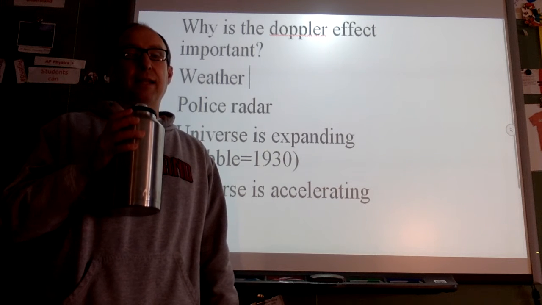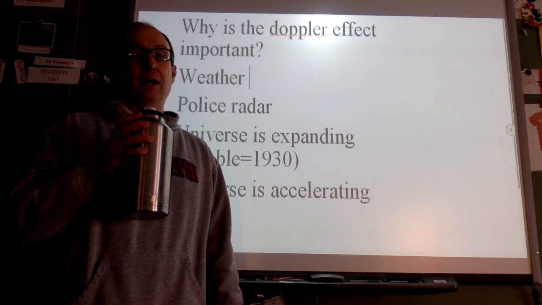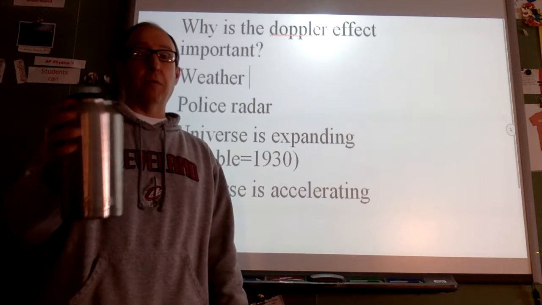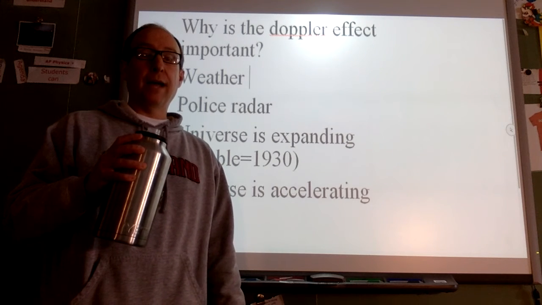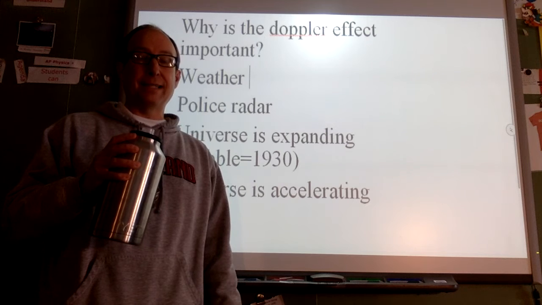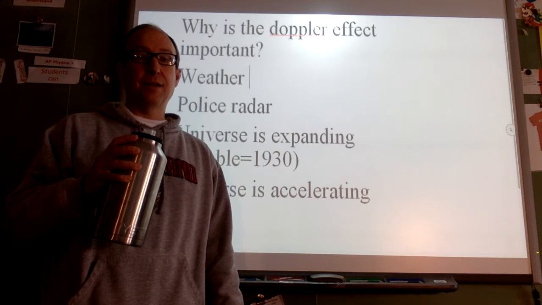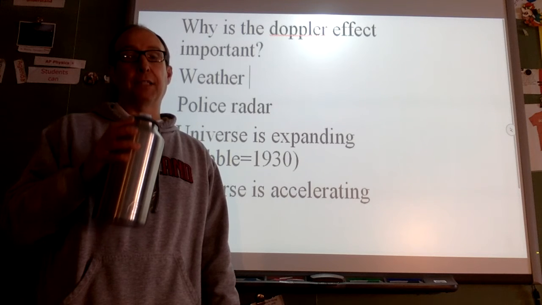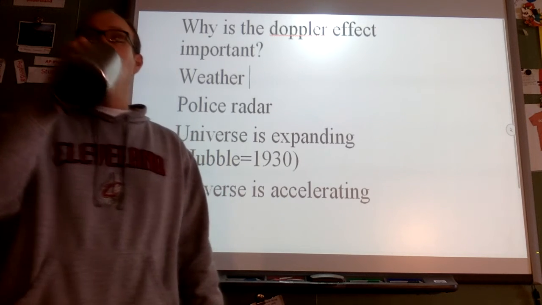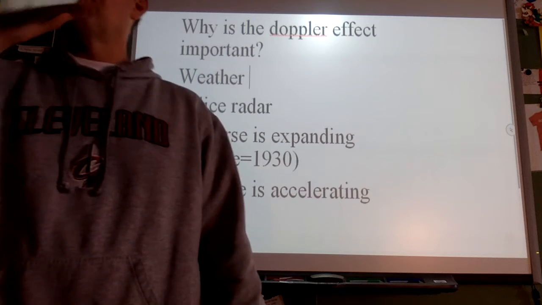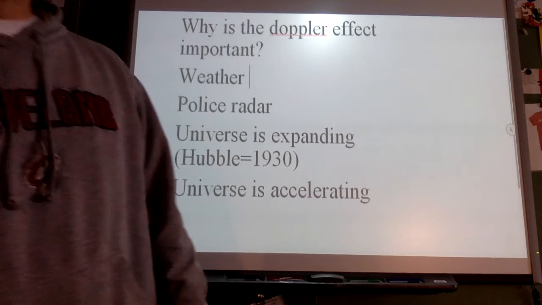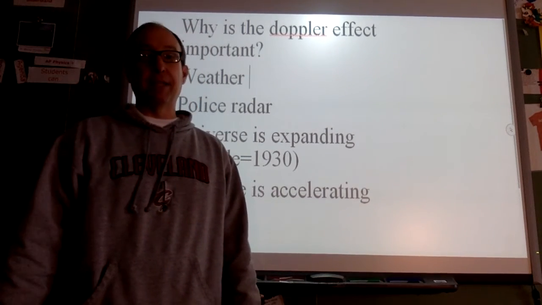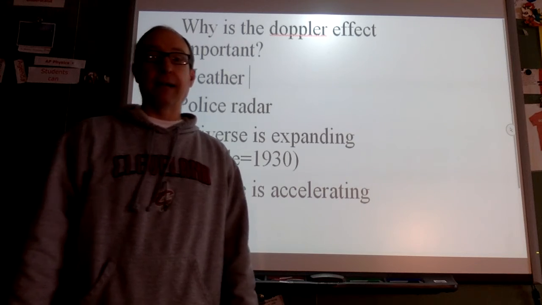And he thought that he would find out that some are moving towards, some are moving away. And what he found out instead was that the vast majority of galaxies were all moving away from us. The irony in that is that the closest galaxy to us, Andromeda, is actually moving towards us and is going to collide with our galaxy.